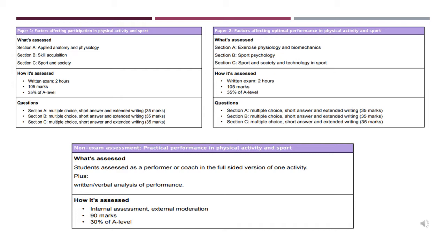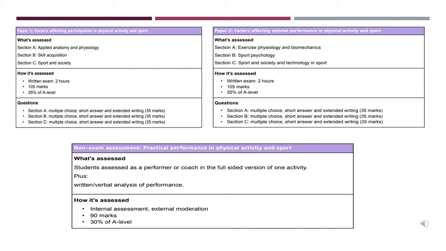Paper 1 looks at applied anatomy and physiology, skill acquisition, sport and society. Paper 2 looks at factors that affect optimal performance in physical activity and sport. And within that is exercise physiology and biomechanics, sport psychology, sport, society and technology in sport.